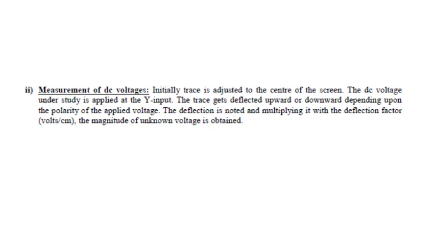Suppose the deflection factor is 10 volts per centimeter and you measure the trace by scale, and the trace is suppose 1.2 centimeter, then 1.2 into 10 will give you 12 volts. So this can be checked just like this.